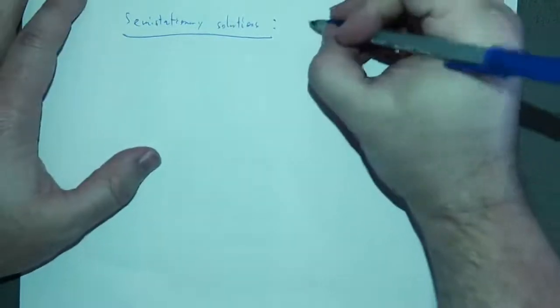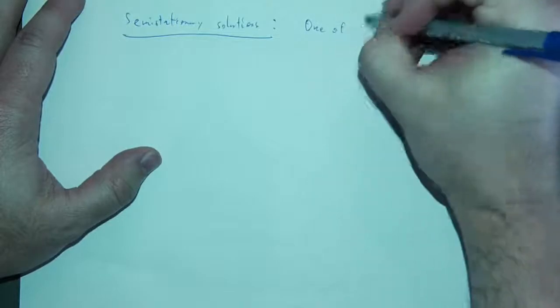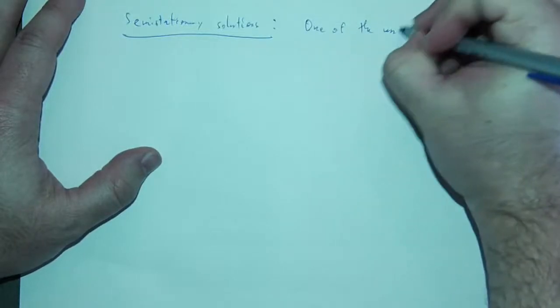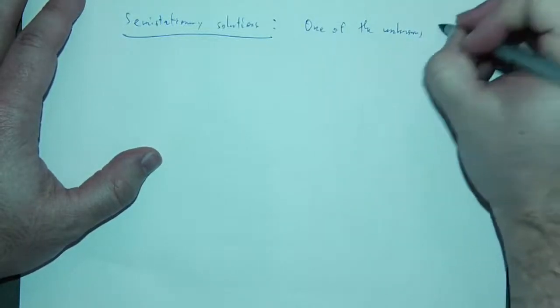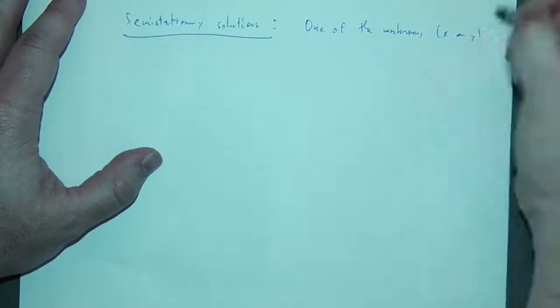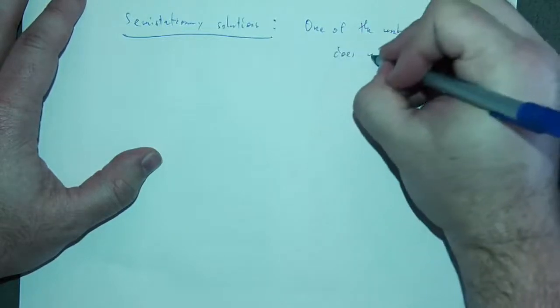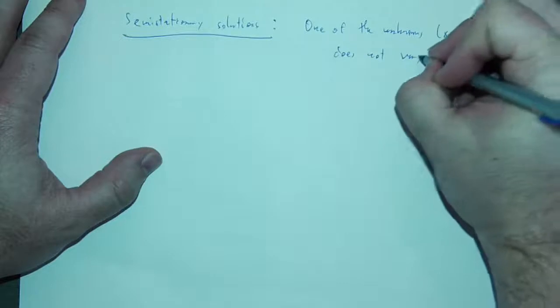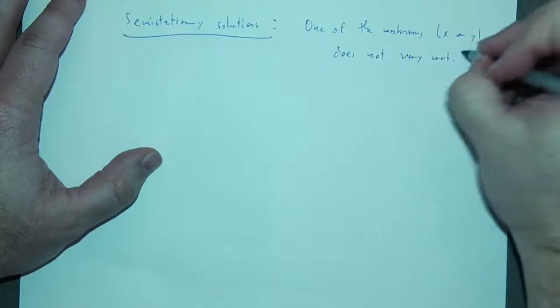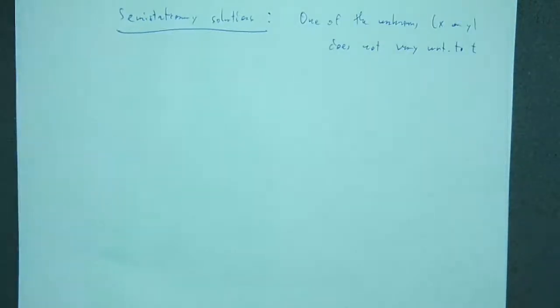So what are semi-stationary solutions? This is where one of the unknowns, x or y, does not vary with respect to t. Well, how do I find this, right?